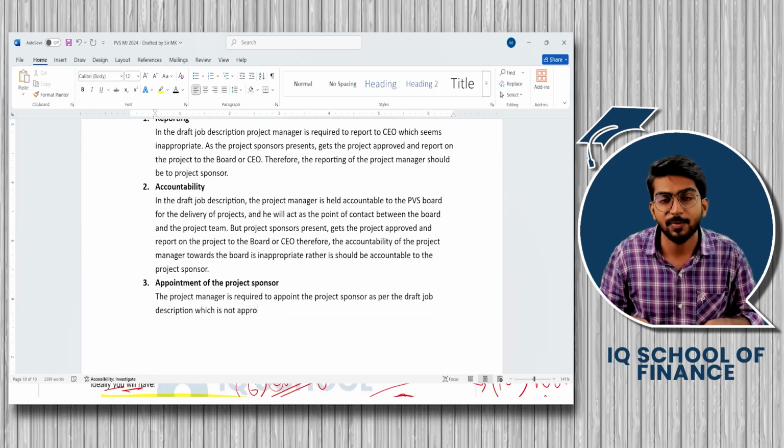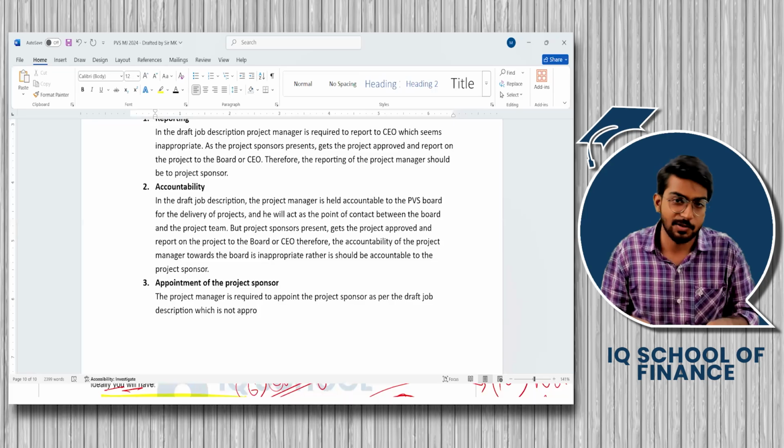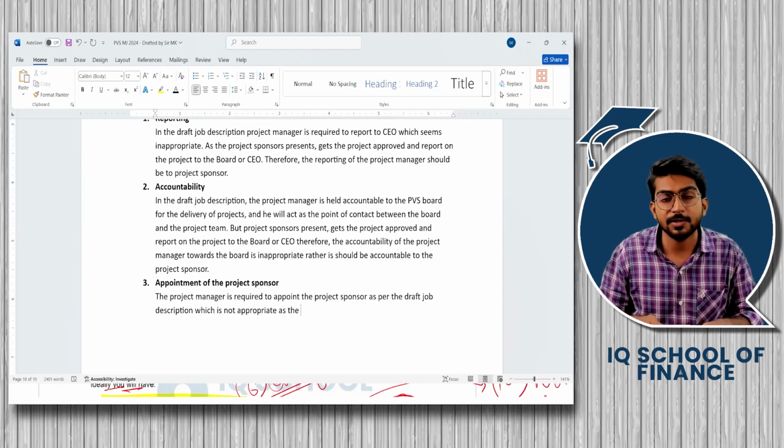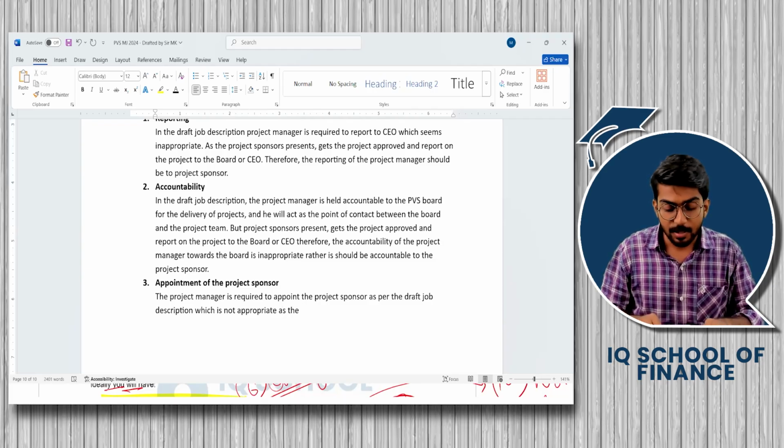Again, see, I'm trying to maintain the professionalism. I was about to write is not correct, it is irrational, but I have to be professional. Appropriate as, why it is not appropriate? Explain this thing. As the project manager is supposed to be the subordinate of the project sponsor.